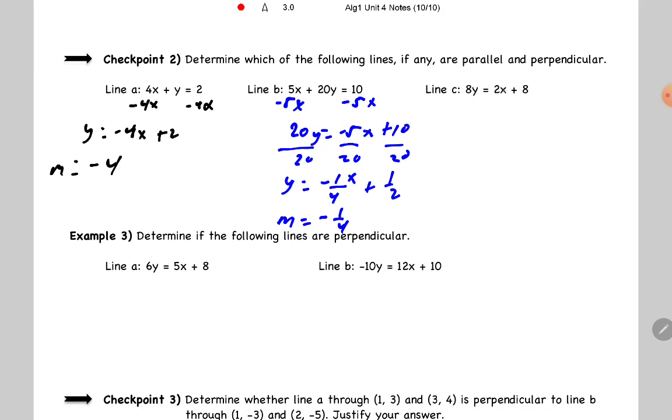So let's see, line C, 8y equals 2x plus 8. So I'm just going to divide everything by 8.